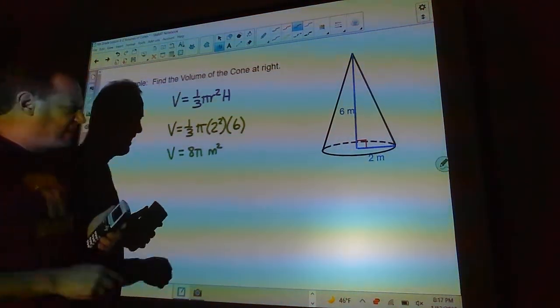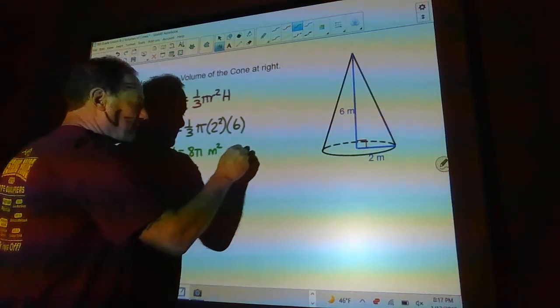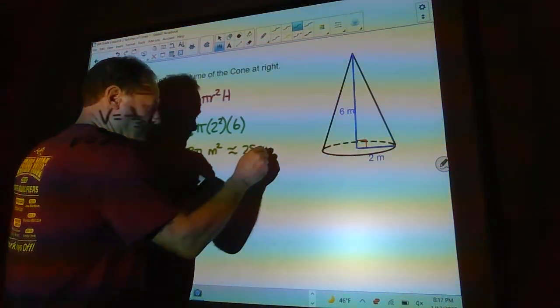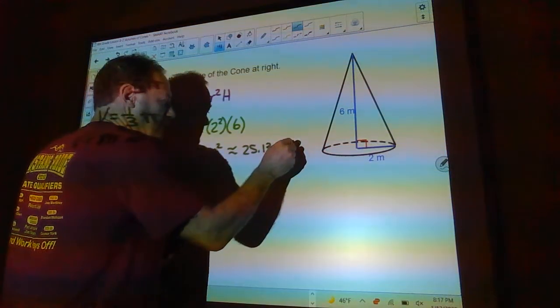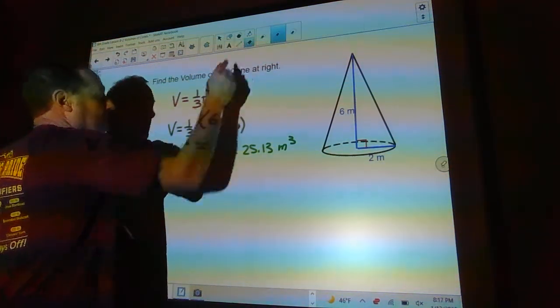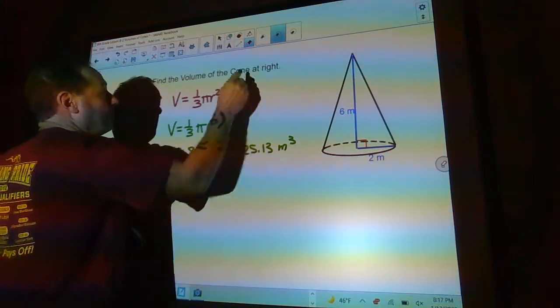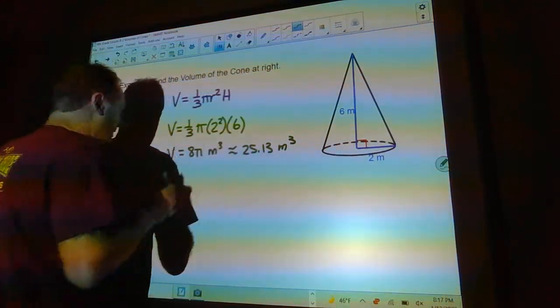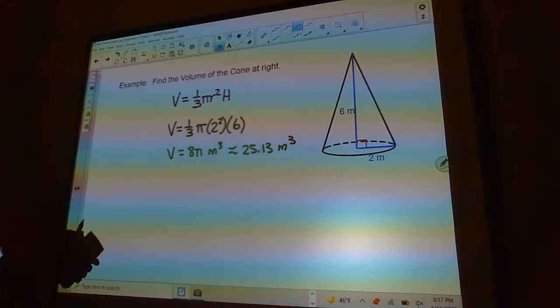And that gives us 25.13 approximately. And that's cubic meters, not square meters. Let's fix that. Okay, there we go.